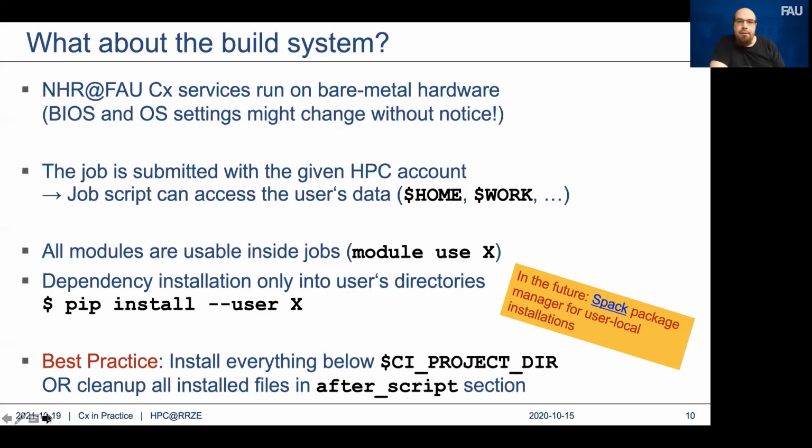And also the scripts can access all file systems that can be accessed by the user. So the home, the $WORK, and so on, that all can be accessed during the jobs. That might be helpful, but also could cause some problems if you don't have your hand on the CI stuff.